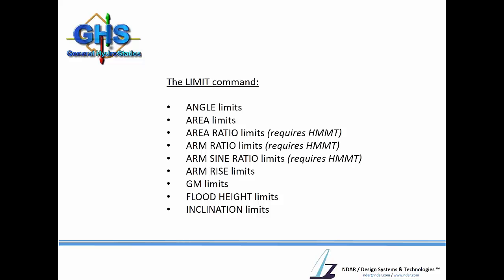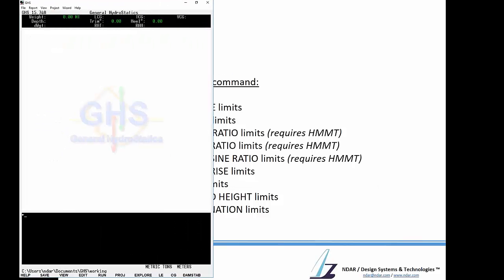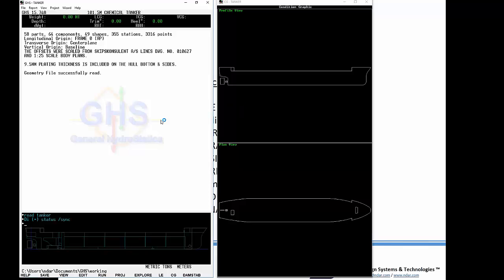Best is that I will go through some worked examples to make it more illustrative. So I will just fire up a GHS screen, and I will read the tanker geometry. Perhaps show a condition graphics window.